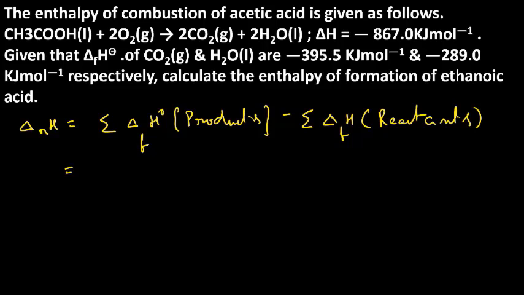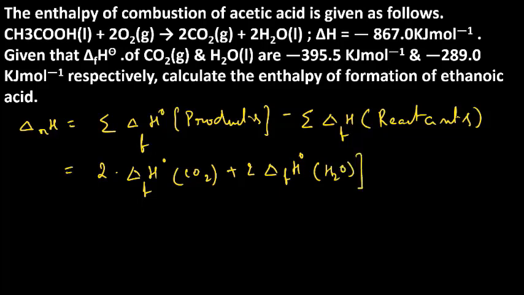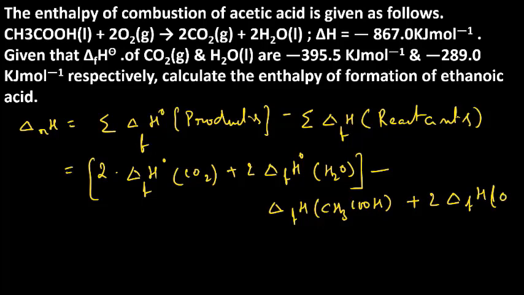So 2 moles of carbon dioxide, 2 into ΔHf of carbon dioxide plus 2 moles of water, 2 into ΔfH of water. This is minus reactants. What are the reactants? Acetic acid and oxygen. Therefore, ΔfH of CH3COOH plus 2 into ΔfH of oxygen.